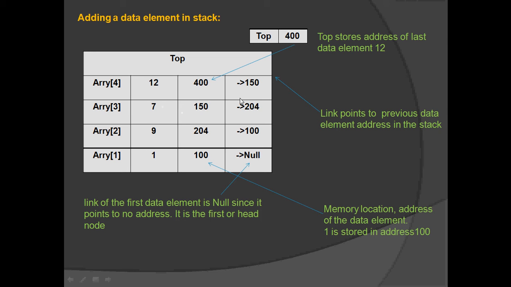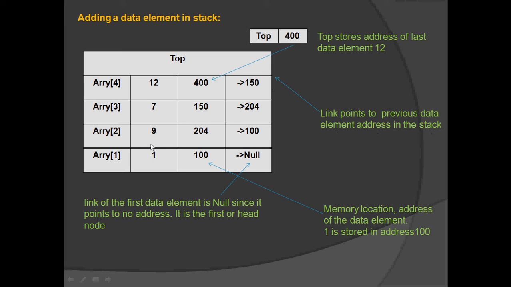That is by using the second element. This is the first element and this is the second element. The second element contains the link to the next data, that is 9. Again, the link will contain the address of the next data element, that is 7, like that. Here the link points to the previous data element address in the stack.